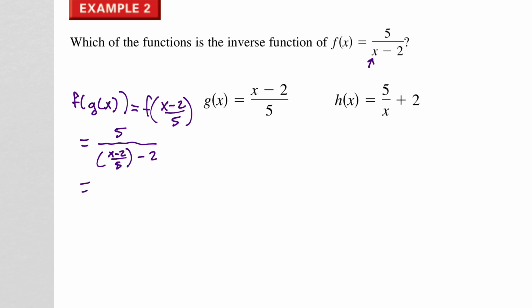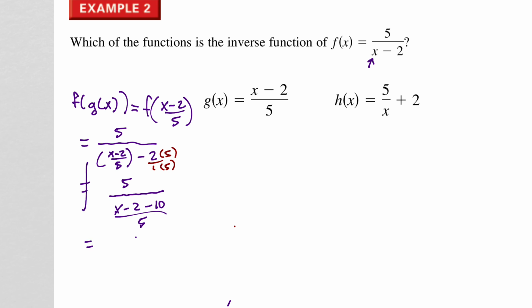Let's see, it could simplify down. To be able to combine the fraction in the denominator, I'm going to put that 2 over 1. And then we're going to get a common denominator of 5. So 10 over 5. All right, so now we have 5 over (x minus 2) over 5 minus 10 over 5.